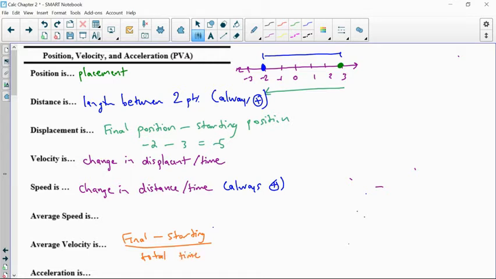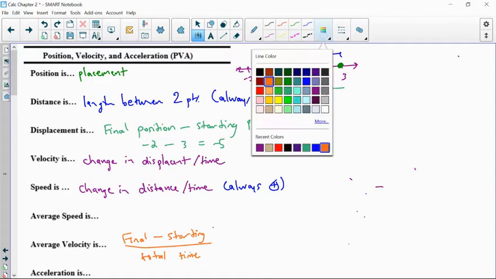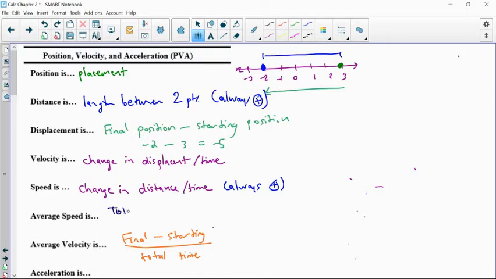Your average speed, though, is the total distance traveled divided by the total time. And again, because speed is based on distance and distance only, that's going to stay positive. So this is the total distance divided by total time. And so again, this one's always positive, where the other one could be negative depending if you're going to the left, or it could be 0.